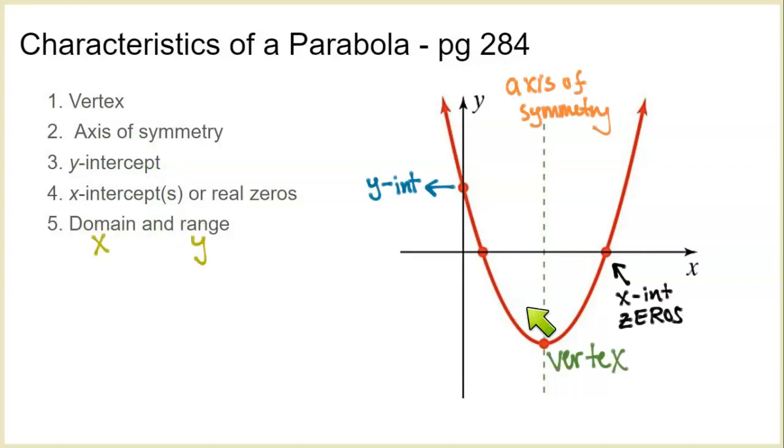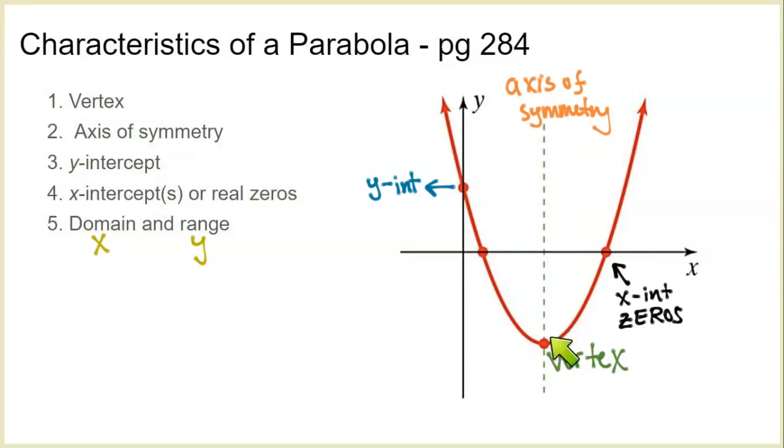But the vertex, for this particular parabola, since it is opening upwards, the vertex is the very bottom point. It's considered a minimum value for this graph. And then there are two real solutions, or two real intercepts for the x values. And the graph does cross the y-axis in one place. And then this dashed line through the vertex is the line of symmetry.